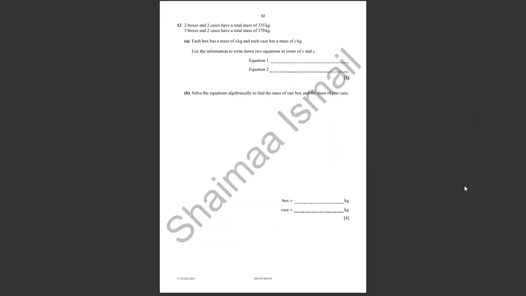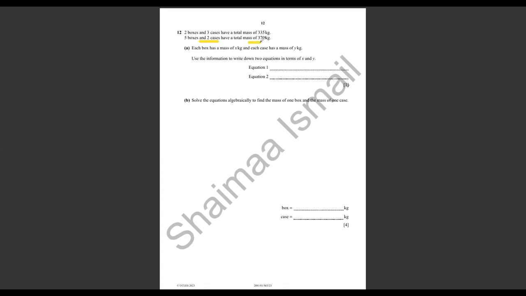Number 12. 2 boxes and 3 cases have a total mass of 335. 5 boxes and 2 cases have a total mass of 370. Each box has a mass of X and each case has a mass of Y. So 2 boxes and 3 cases have a total mass.